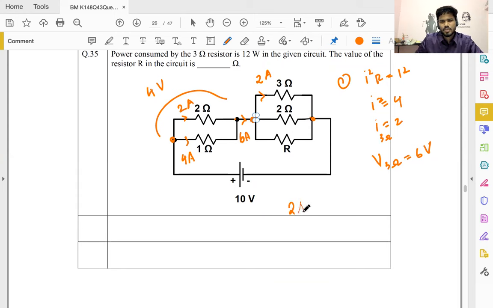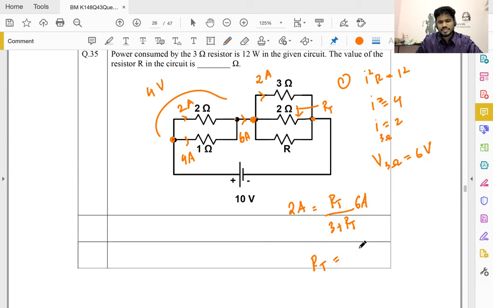Notice 2 amps takes 6 amp. Let's read this. This is RT. These two and R in parallel. It's proportional to RT into 3 plus RT. It gets divided between RT and 3. One equation, you can find RT. What is RT?